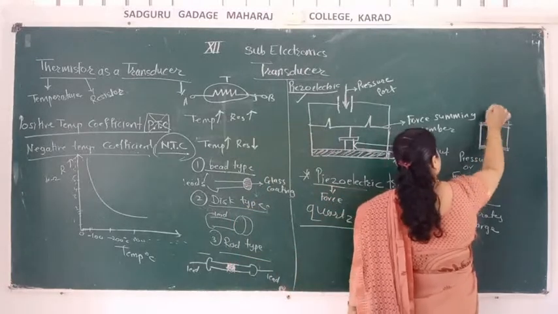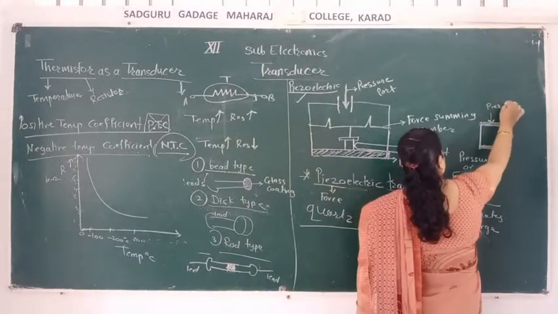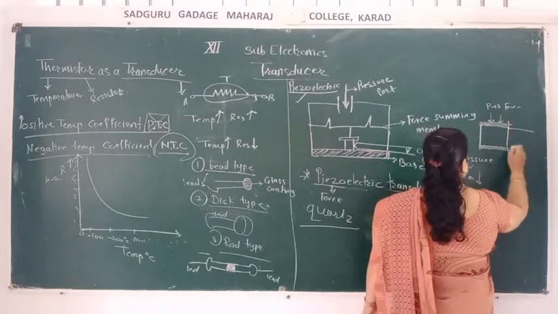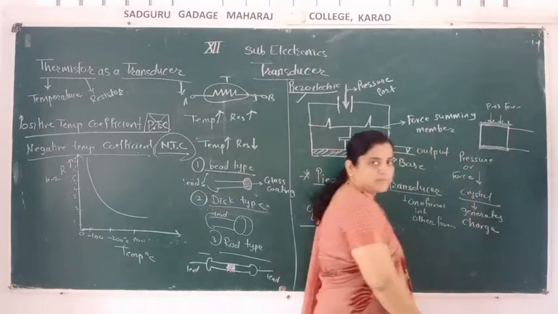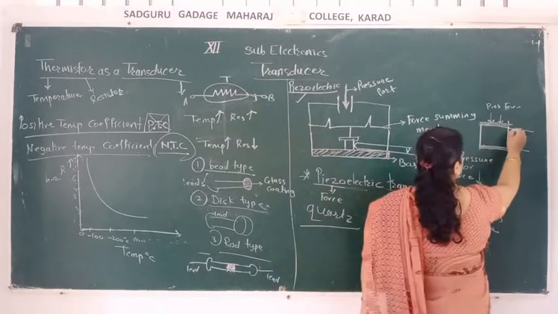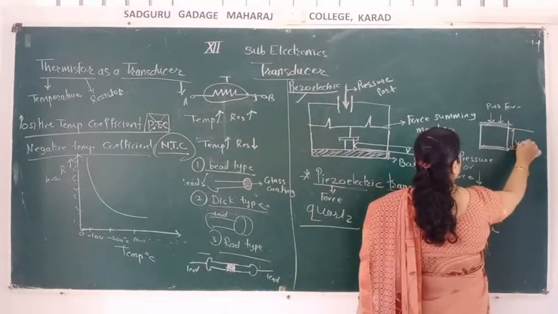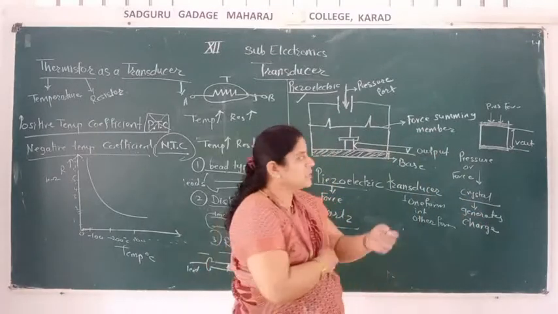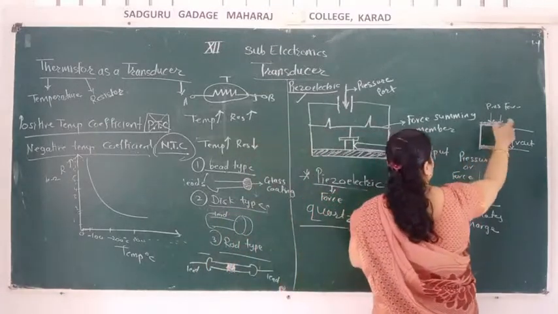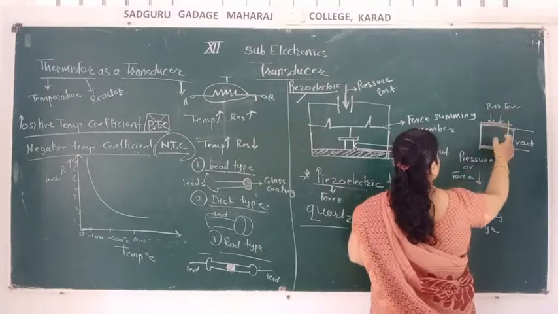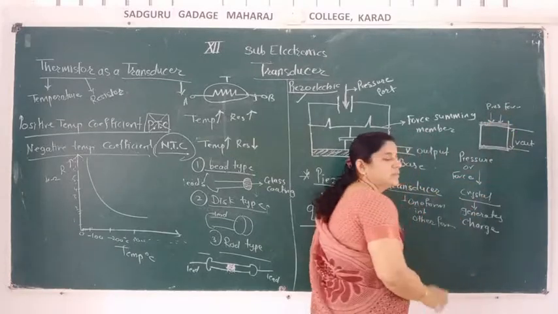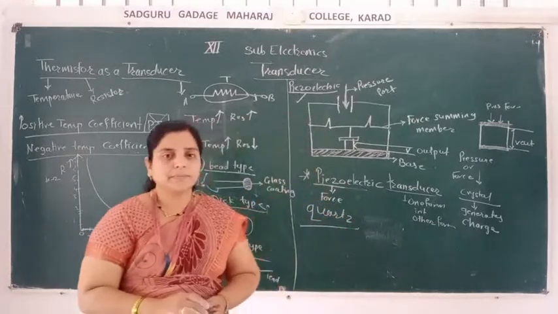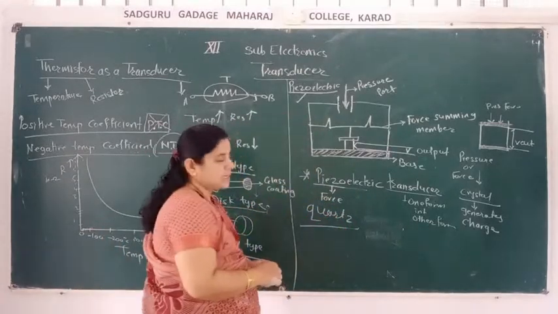If pressure or force is applied on this, it converts into charge, and that voltage we can measure here as the output voltage V out. The simple concept of this crystal is that if pressure is applied on it, it produces charge, and it is called a piezoelectric transducer.